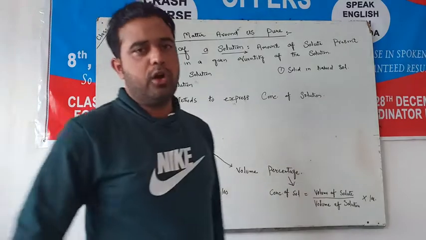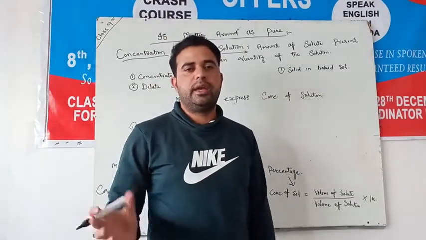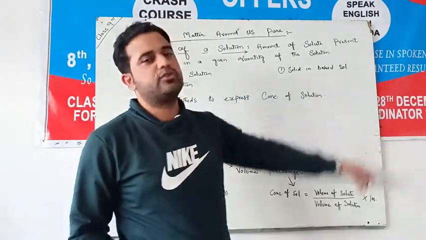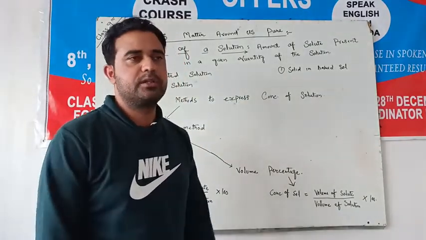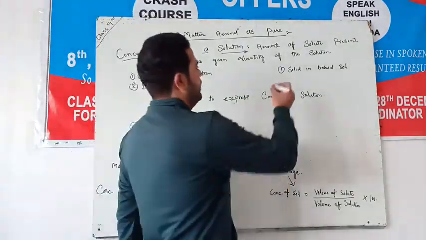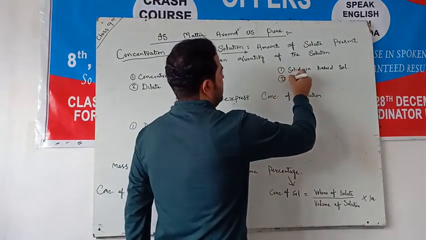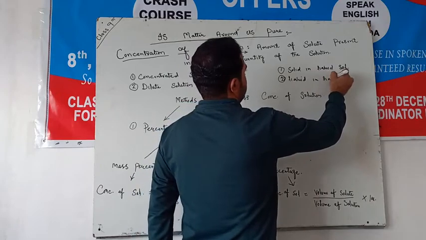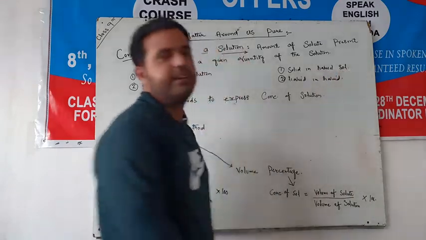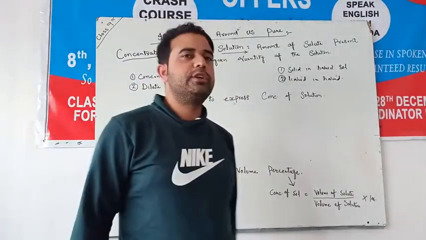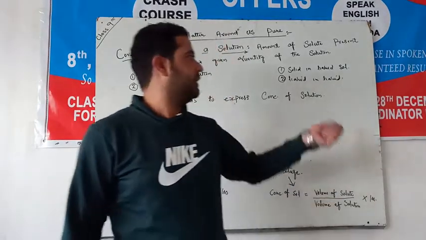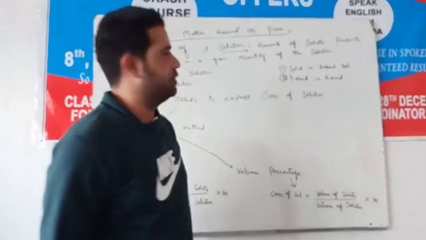So when we dissolve a solid solute in a liquid solvent, this type of solution is a solid in liquid solution. Example: salt in water. We can have liquid in liquid. For example, when we dissolve alcohol in water, it is an example of a liquid in liquid solution.